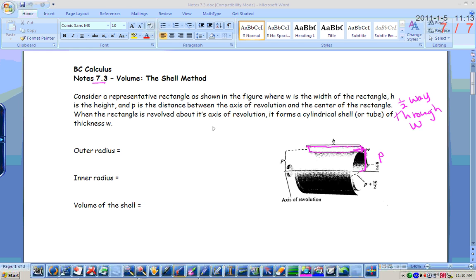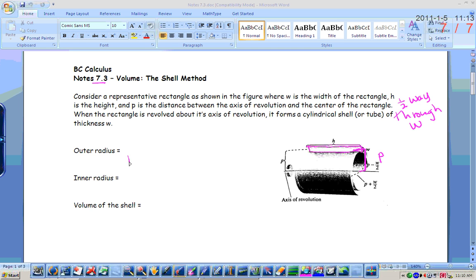And then when that rectangle is revolved about its axis of revolution, it forms a cylindrical shell, or a tube, with a thickness of W. So the outer radius of this shell is going to be from the axis of revolution all the way to the outside of W. Well, if P goes from the axis through half of W, then what would the entire radius be?